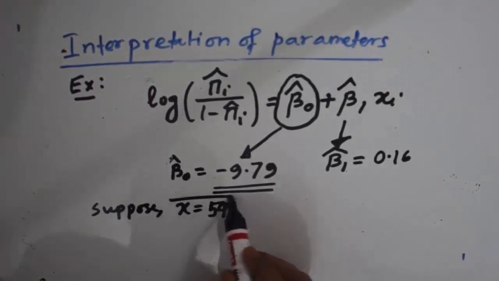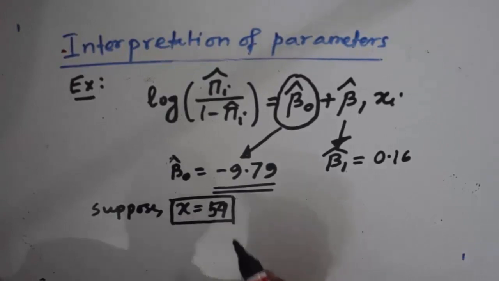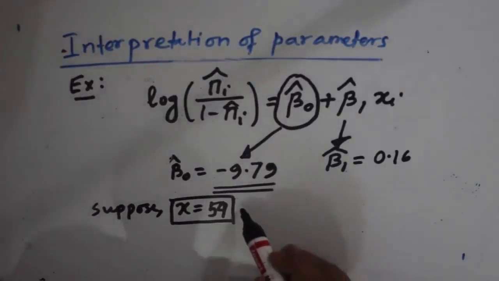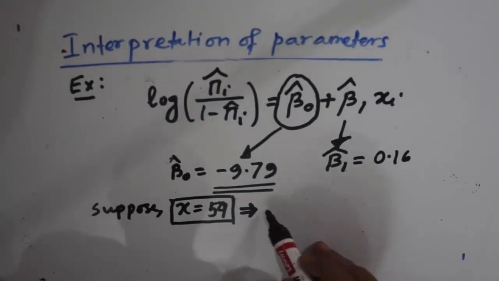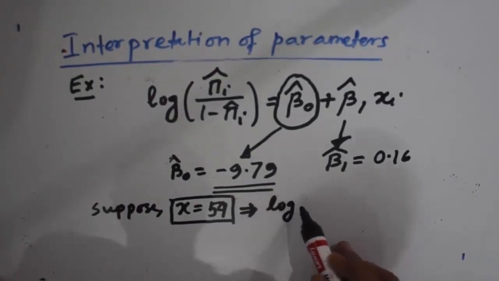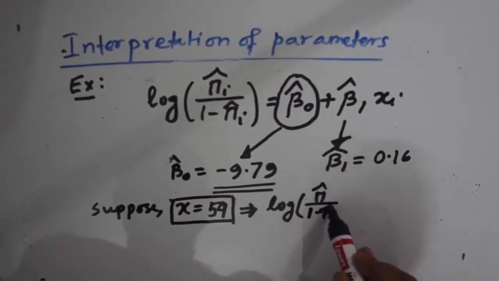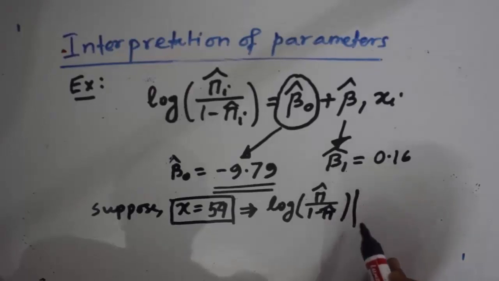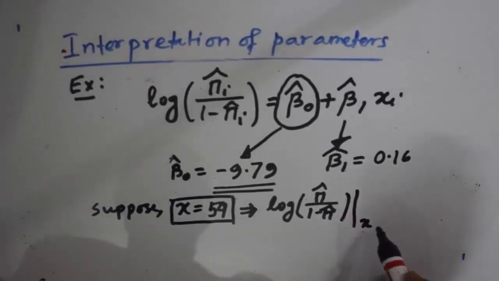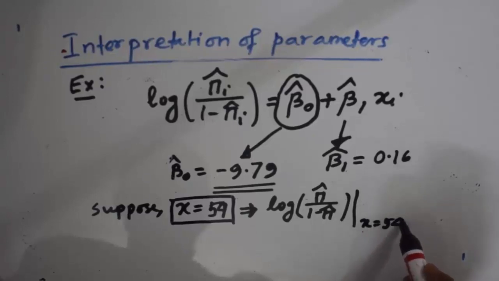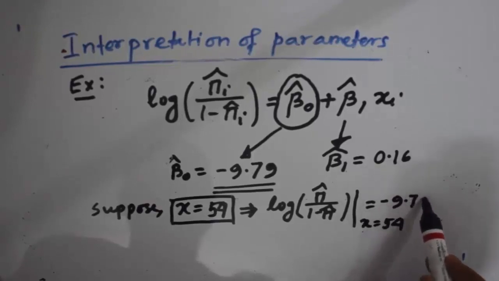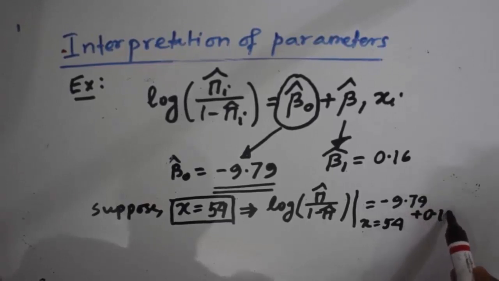Suppose a student who scored math score 54, then log of pi hat by 1 minus pi hat corresponding to the student whose math score is 54 is equal to minus 9.79 plus 0.16 into 54.